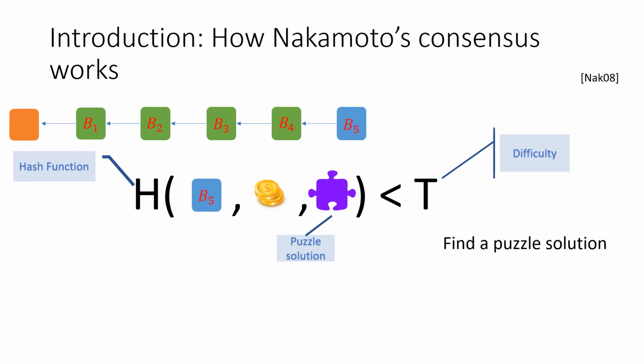The miners need to find a random nonce so that the outcome of this hash function on the inputs should be less than some difficulty target T. Because the last block and the transaction are public and known to other miners, if a miner finds a solution, others can easily verify it.